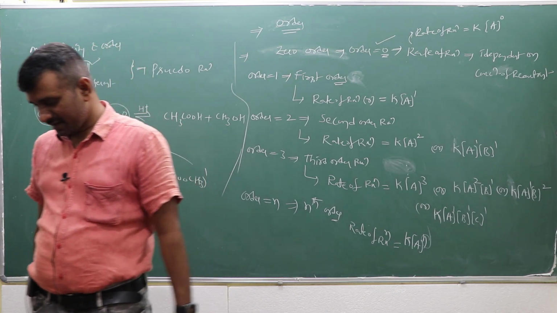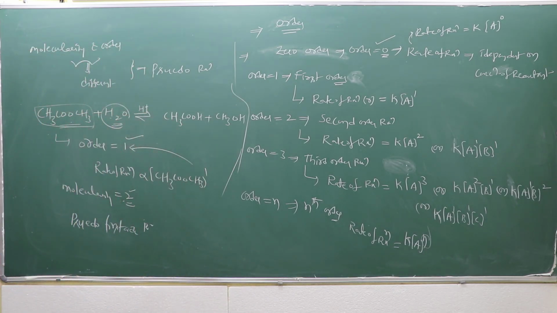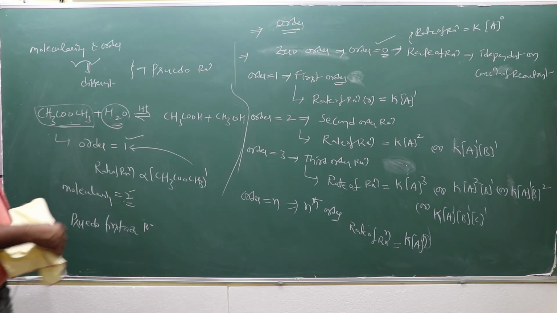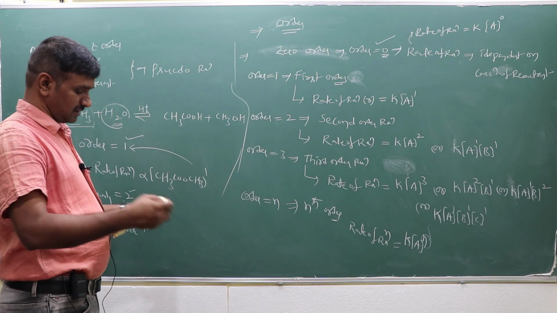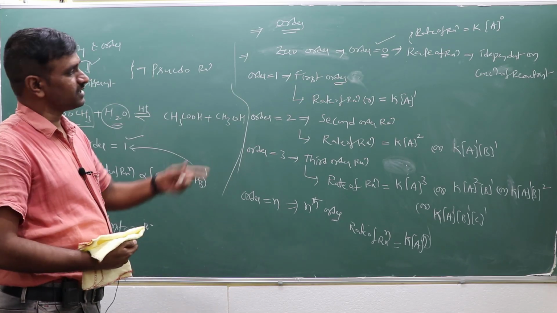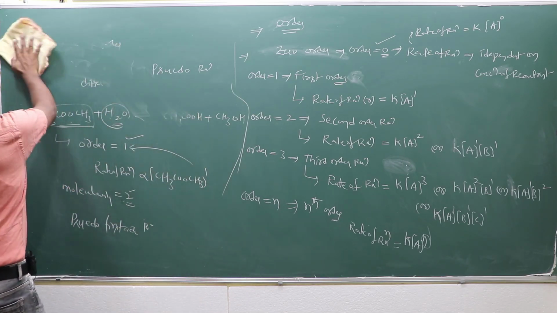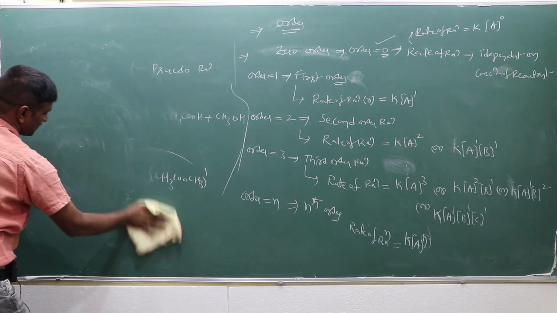So based on that, we go for the first one, the 0 order reactions, first order, second order, third order and nth order also. Nth order means a generalized principle can be obtained for all these first order, second order and 0th order cases.